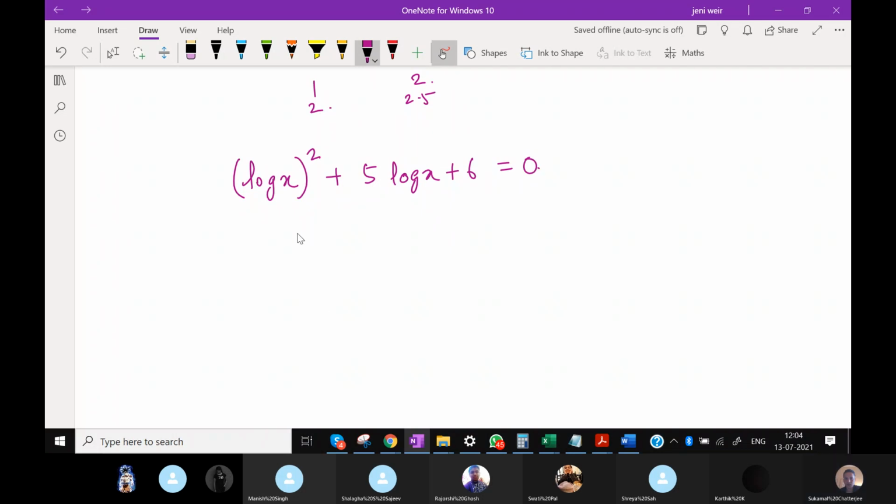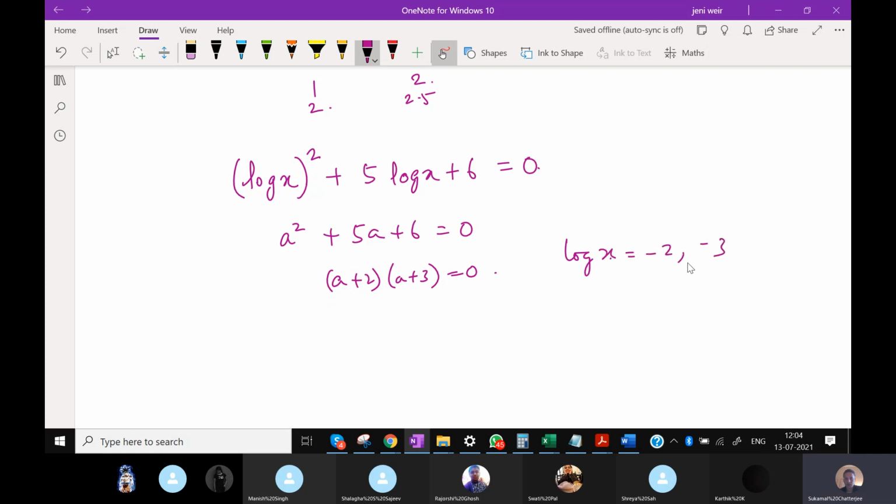So that means this is of the form a square plus 5a plus 6 equal to 0, which means a plus 2 into a plus 3 equal to 0. That means log of x will be negative 2 or negative 3, right? So that means x would be 10 to the power minus 2, which is 0.01, or 0.001. Clear?